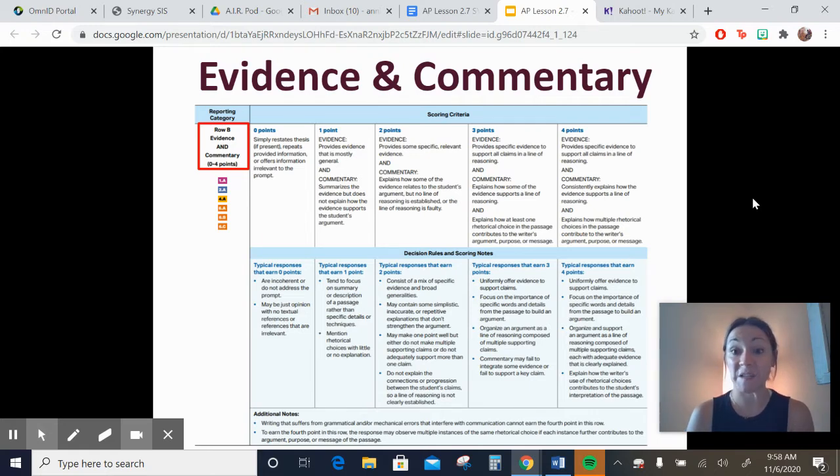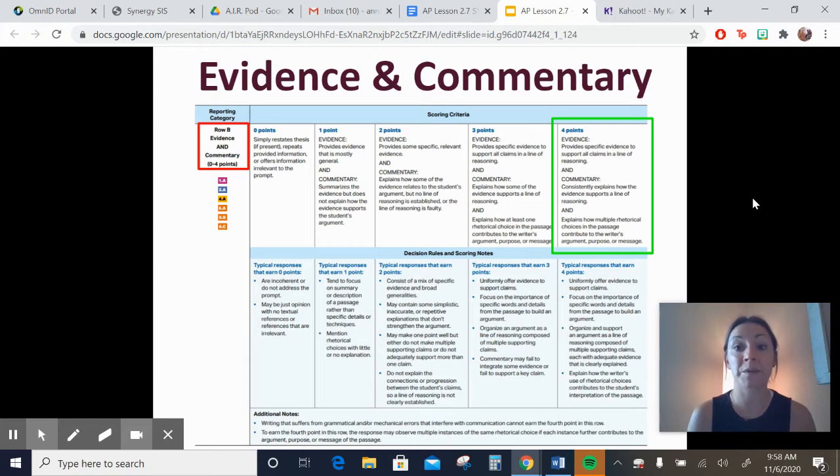So, I just want to come back to this because this is the section on the rubric that you are earning the most amount of points for doing two things. So remember, to earn that 4 out of 4, you need to provide evidence.